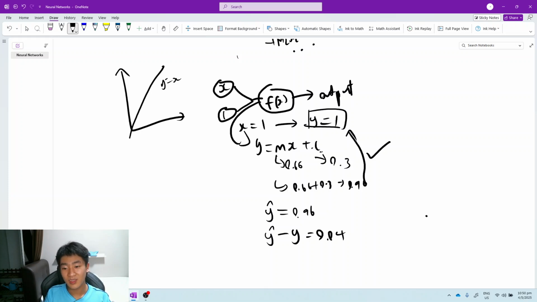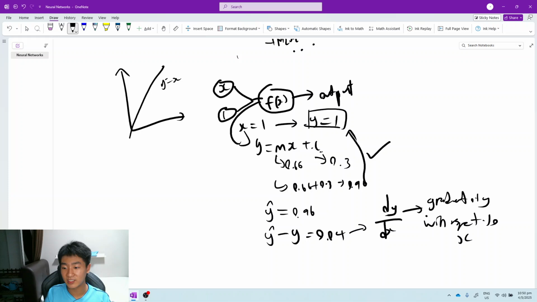To draw something out, back propagation would be something like dy over dx, say we want to get a term x. This is the gradient of y with respect to x. Basically, how does changing x change y? We want to shift x in the direction where it can more accurately predict y.